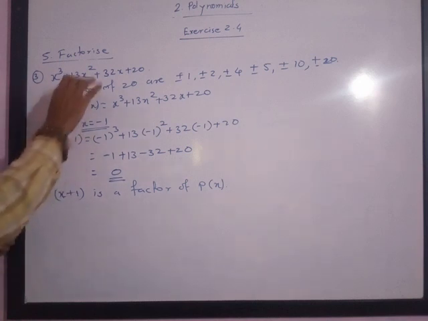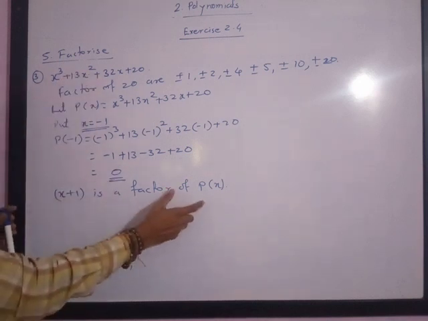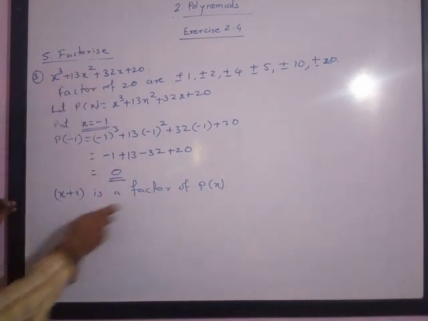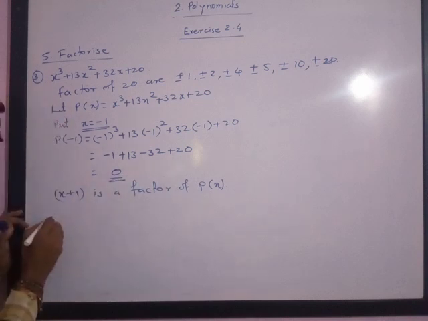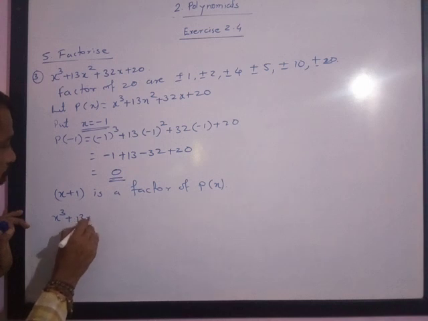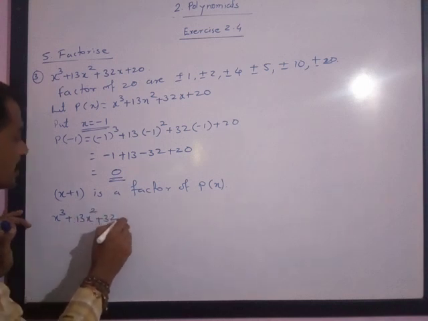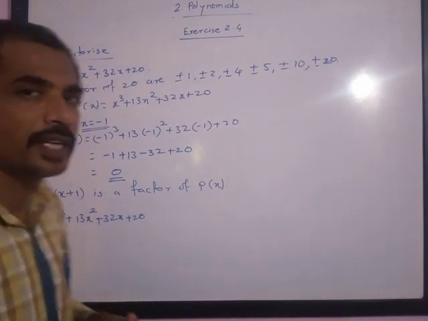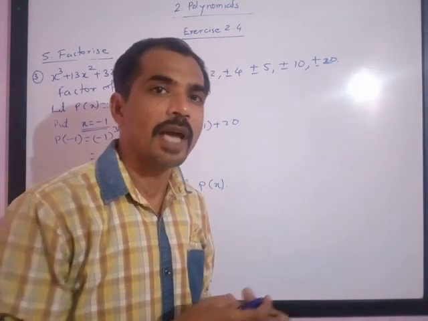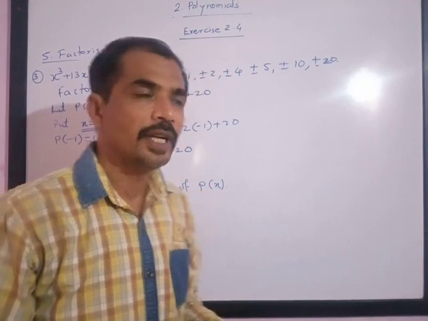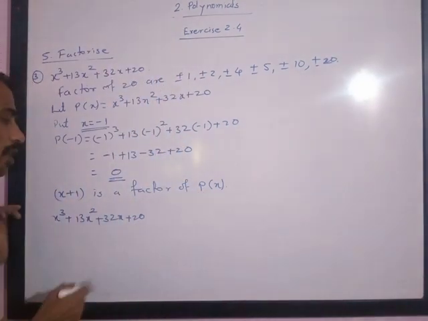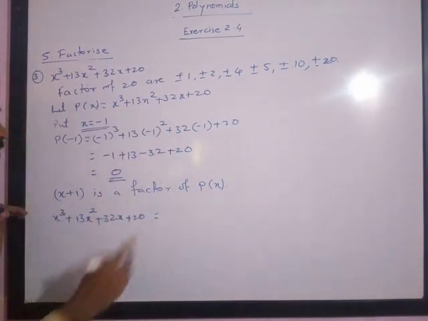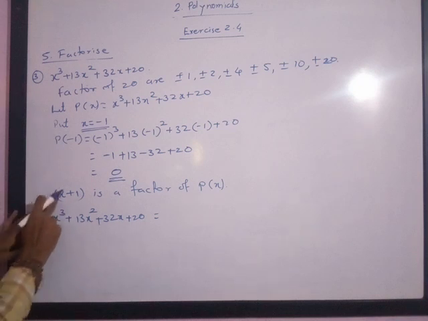Let us do the division of this to get the quadratic polynomial. Now x cube plus 13x square plus 32x plus 20. Earlier problems we have solved by synthetic division and long division method. This time I am going for the linear method. See how to solve. Divide first term by first term, so divide x cube by x.